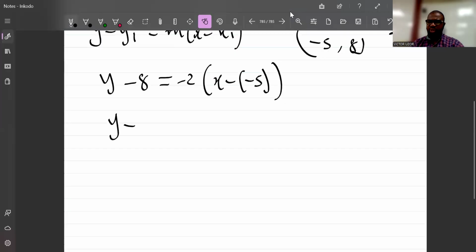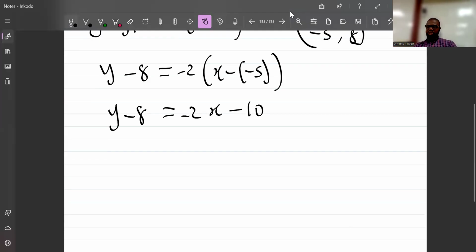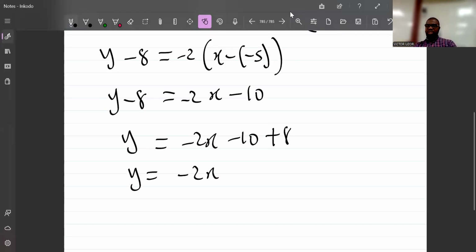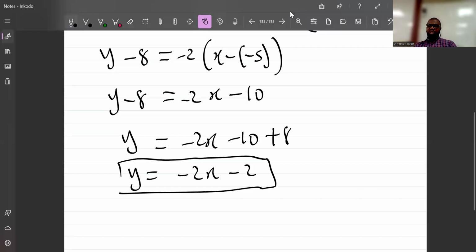So we have y minus 8 equals minus 2x minus 10, because this will give us plus, but the minus outside will still convert it back to minus 10. So we now have y equals minus 2x minus 10 plus 8. This should give you y equals minus 2x minus 2. Now, this is another equation that you have got.